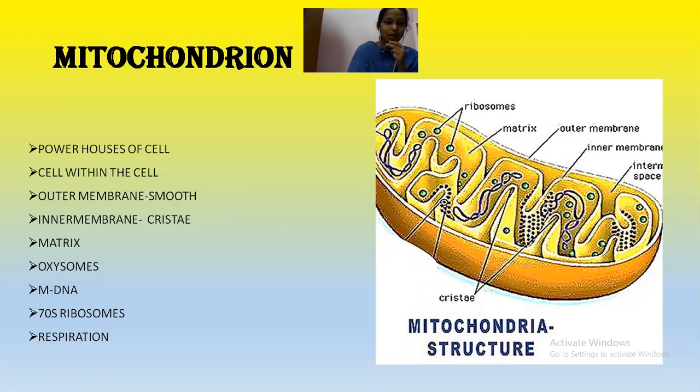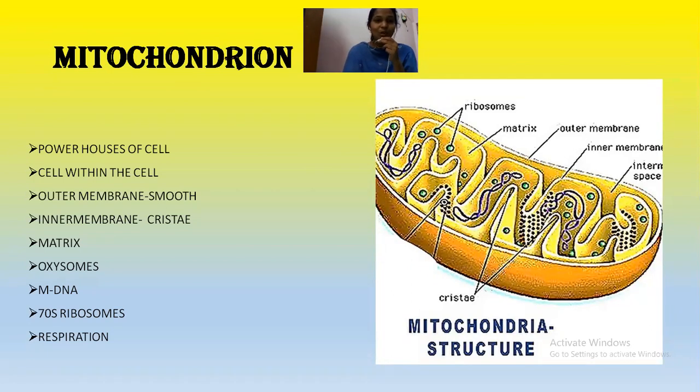It is also called the cell within the cell. Why? Because it has a prokaryotic cell structure, as it has its own DNA, called mitochondrial DNA, and its own ribosomes, called 70S type of ribosomes. With all its own DNA and ribosomes, enzymes and proteins, it has one prokaryotic structure.